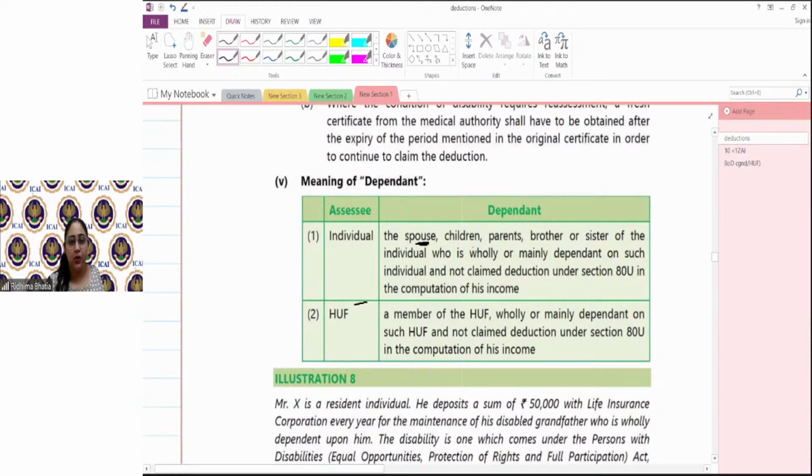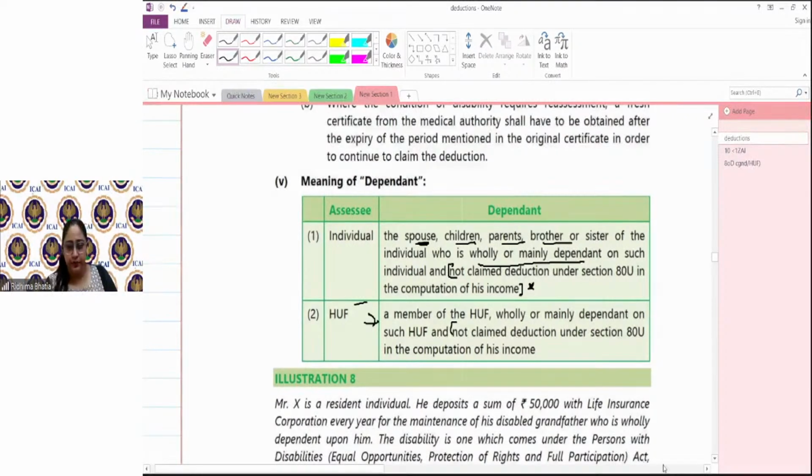Who can they be? Spouse, children, parents, brother or sister of an individual who is wholly or mainly dependent on such individual. Now what is this? I will talk about it. In the case of HUF, any member who is dependent upon the HUF and is disabled would come under dependent disabled.